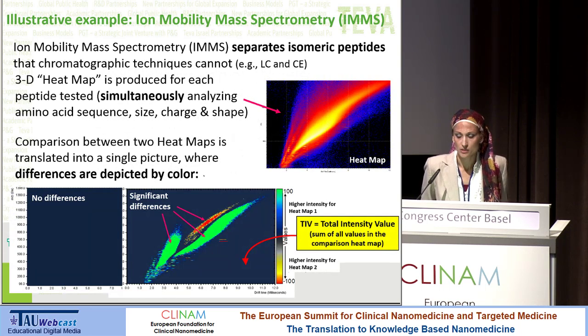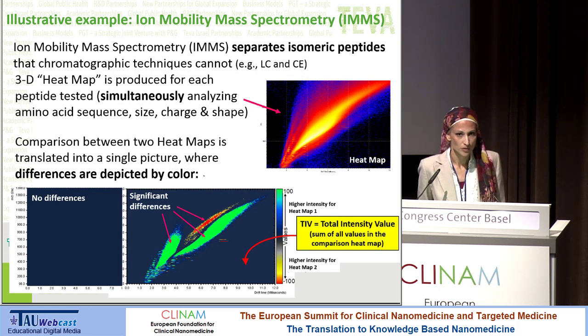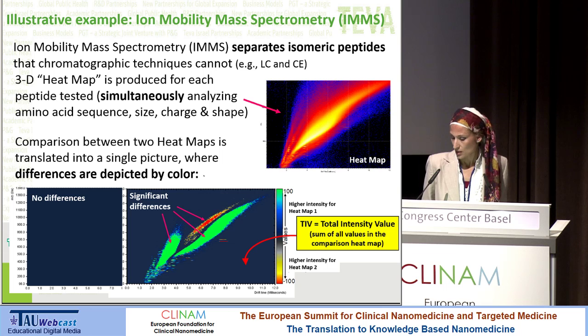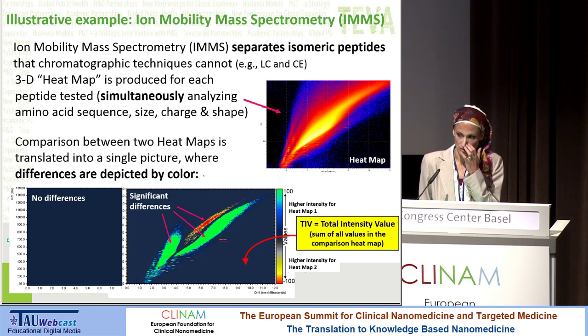So here is ion mobility mass spectrometry. It's a method routinely used for separating or characterizing peptides, proteins, and the key attribute is that a compound or a mixture can be simultaneously characterized for its shape, charge, size, and amino acid sequence at the same time.